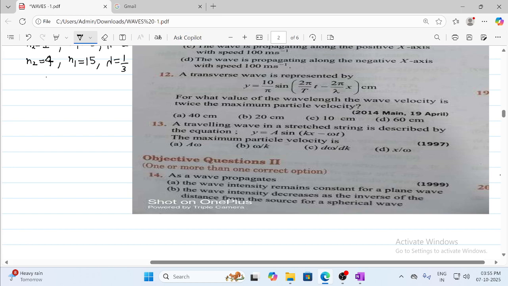The 12th one. The wave is represented like this. The wave velocity is twice the maximum particle velocity. So answer number 12.